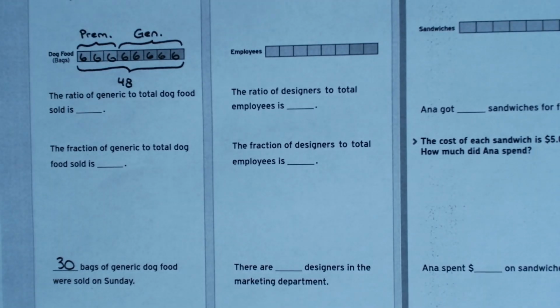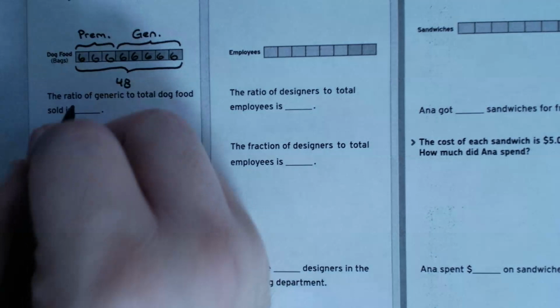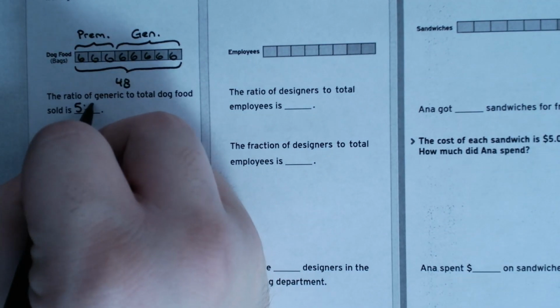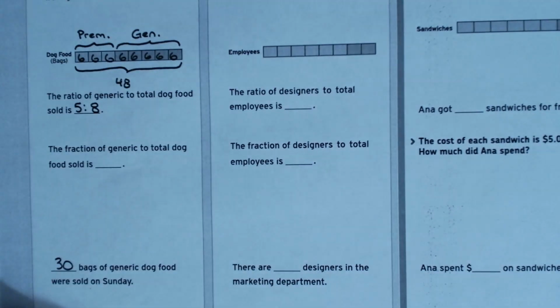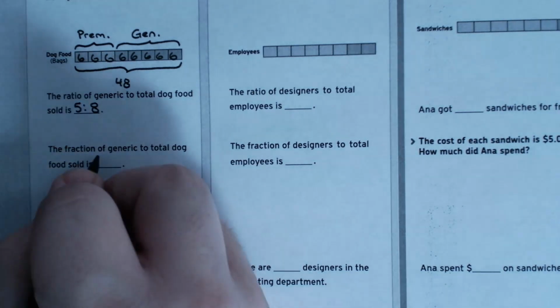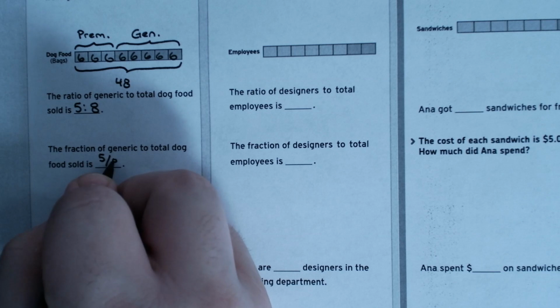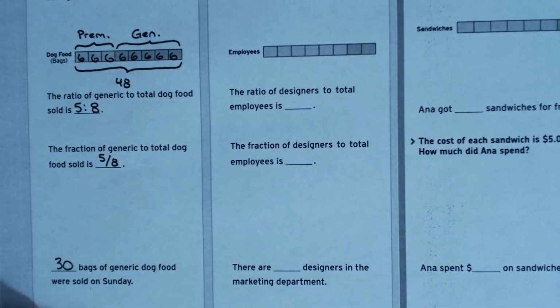How they want us to get there, though, is instead of just filling in that bar diagram, make a fraction out of it. The ratio of generic dog food to total dog food is 5:8. So the fraction of generic to total would be 5/8. 5 to 8 and 5/8 are the exact same thing.